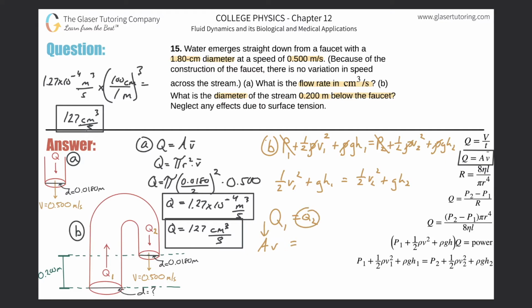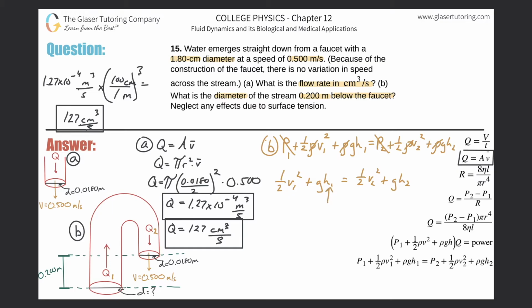Because remember, the Q2 was this value. So that's my whole goal here, all right? That's the goal. That's why I'm solving for v1 here, all right? So my whole goal is to solve for v1, and I'll probably do this algebraically and then plug it all in.